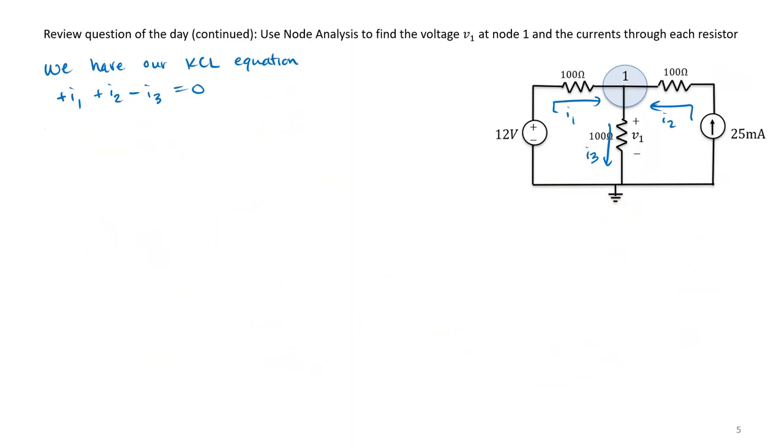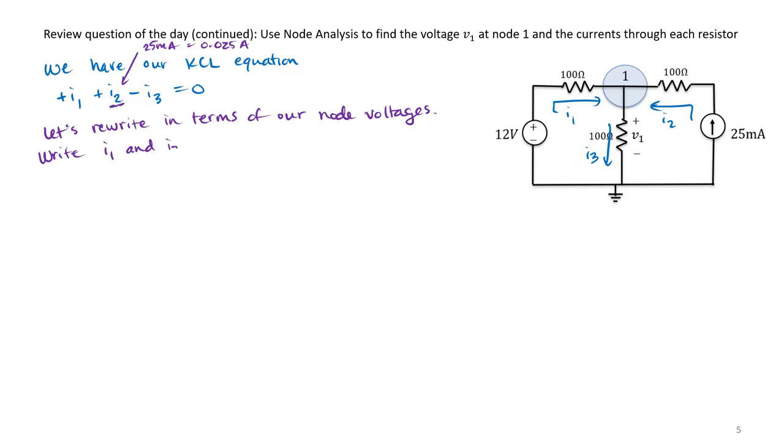Let's go ahead and do that. Notice that we know that current I2 is just 25 milliamps, or 0.025 amps. So we already know what I2 is. We just need to write expressions for I1 and I3 in terms of V1 and the resistances.